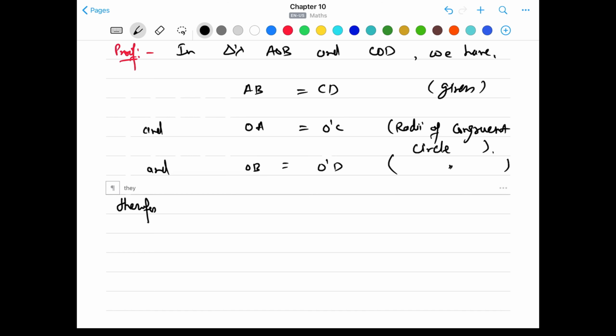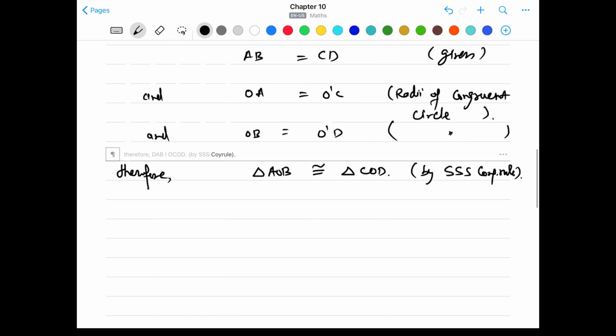Therefore, what we get is that triangle AOB is congruent to triangle COD. This is by the side side side congruence rule. So this implies this side.